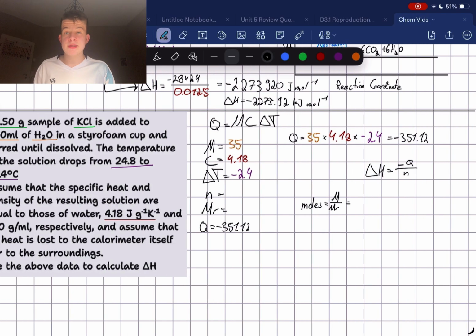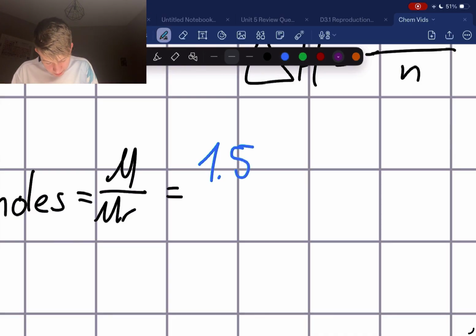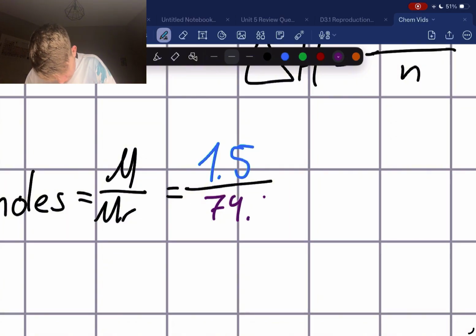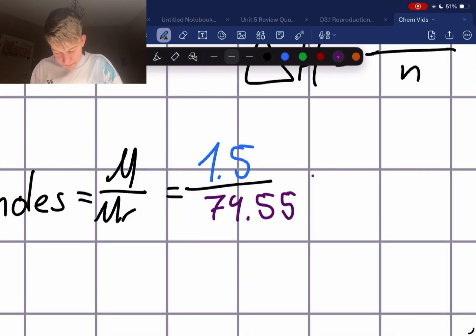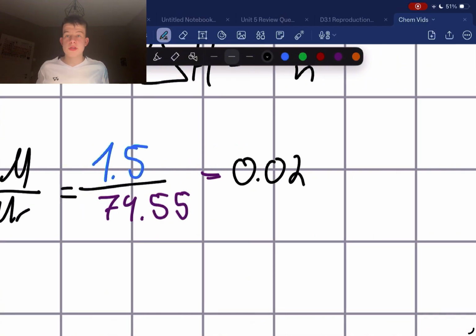So we know that the mass of potassium chloride is 1.5. So we can for sure put 1.5. And the molar mass is 74.55. So that means we're gonna do 1.5 divided by 74.55, which will give us 0.02. So that right there is the amount of moles that we have.